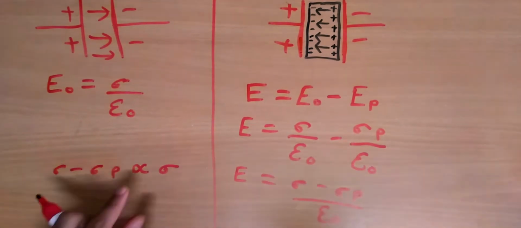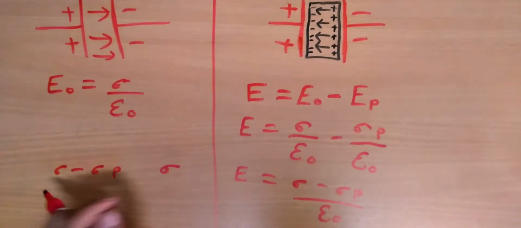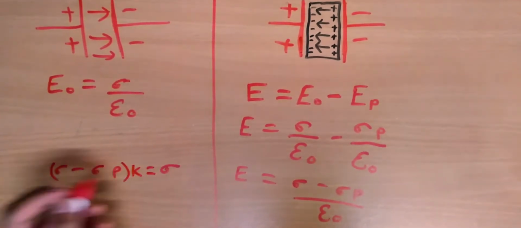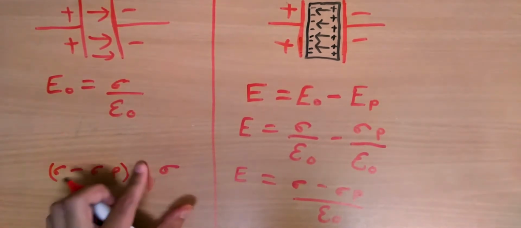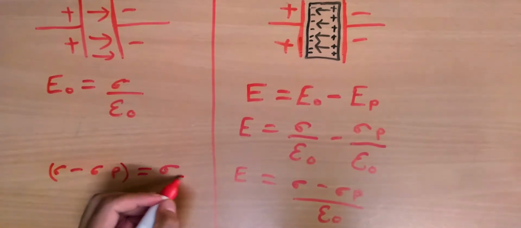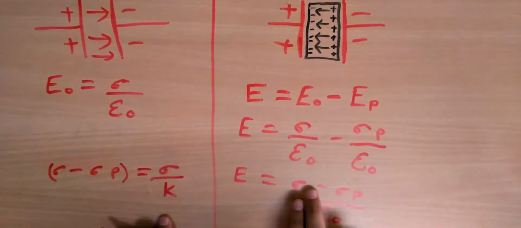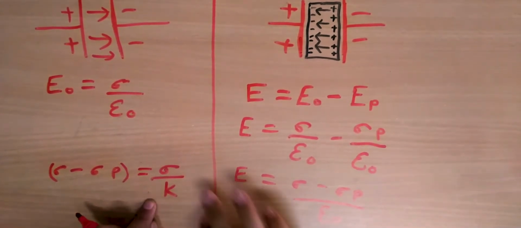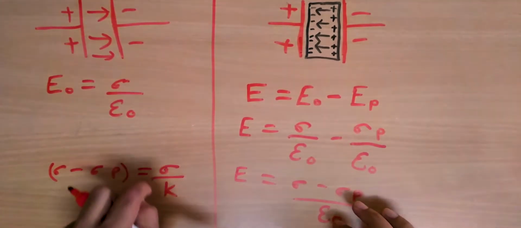So if I have to remove this symbol of proportionality, I'll have to put in a constant of proportionality k here. So this whole thing times k equals this. I can shift the k to the other side, and what I get is this whole thing equals sigma upon k. So now, instead of writing sigma minus sigma P upon epsilon naught, I can substitute that with this expression.